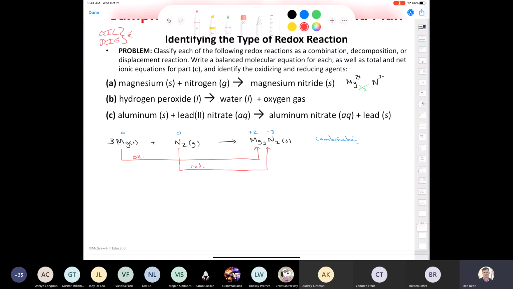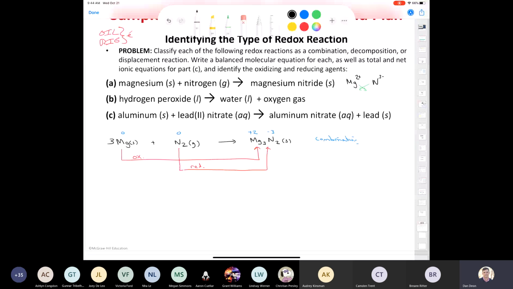And so now we've identified this as a combination reaction, and we've identified the magnesium is undergoing oxidation, but we knew that because metals tend to lose electrons and undergo oxidation, and non-metals tend to be reduced. Now let's identify the oxidizing and reducing agents.